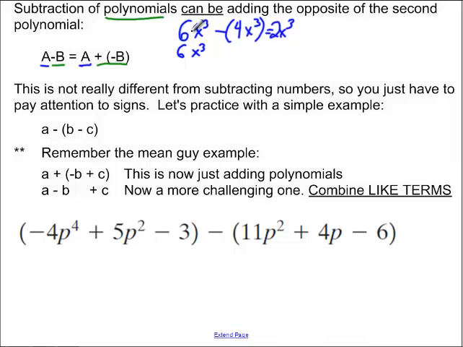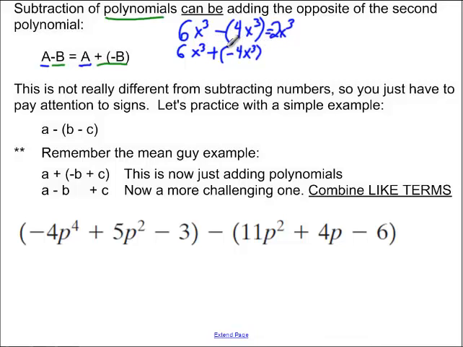We still write our A polynomial as 6x cubed, and instead of subtracting that polynomial, I'm going to add the opposite of that polynomial. Opposite of that polynomial means the opposite of every term in there. We've only got one term, but we're adding now the opposite of that term, which means adding the opposite of 4x cubed is adding negative 4x cubed.